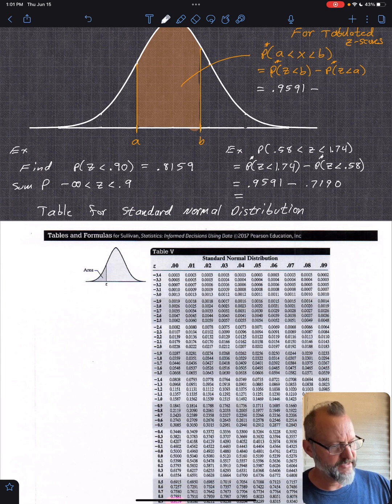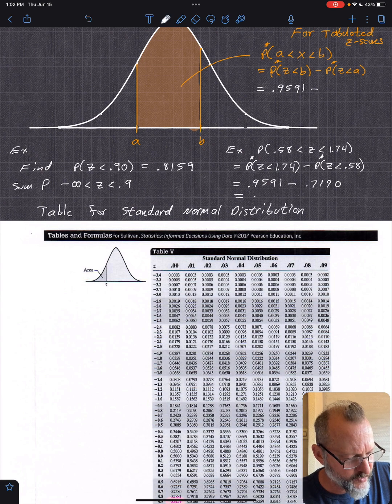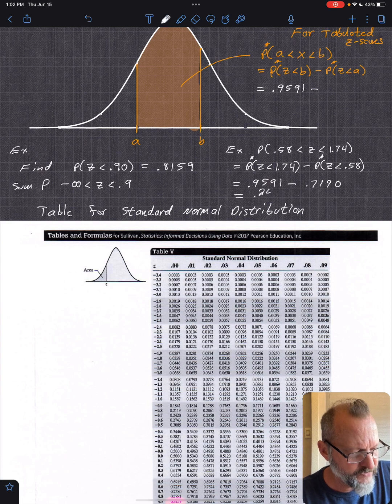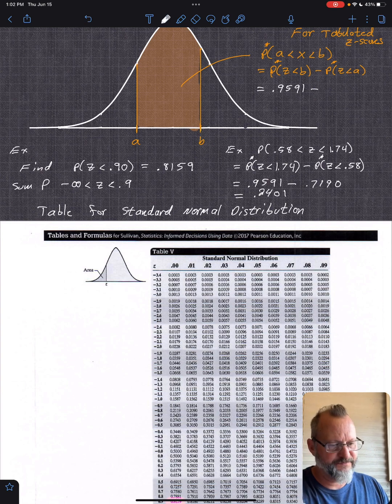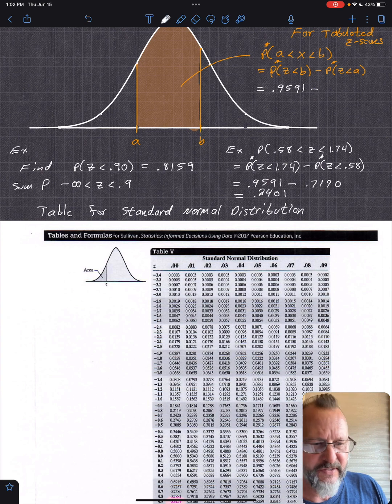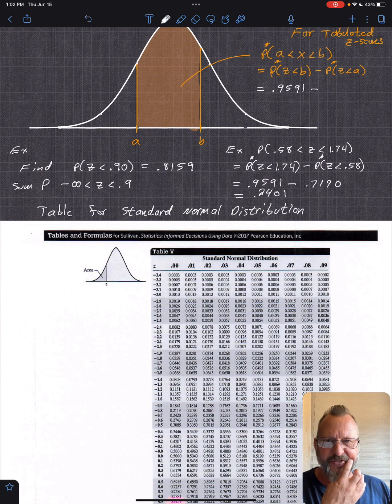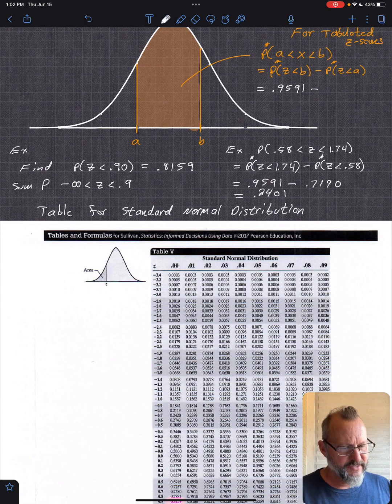And we subtract. So that probability is 0.2401. That's how you do it. That's how you use these tables. You gotta be able to use those tables. There's other ways of doing that on computers and other packages, but this is what we rely on most of the time.